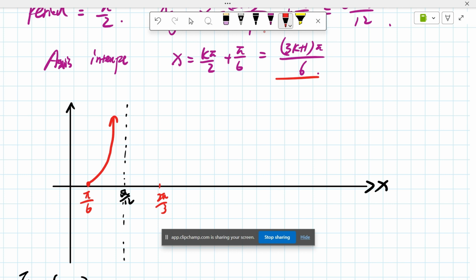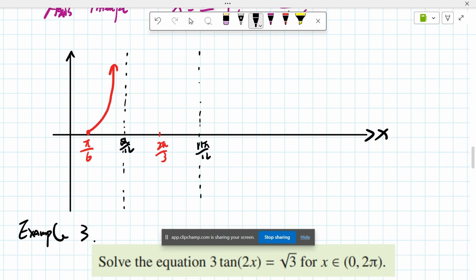You finish on 11 pi on 12, so 11 pi on 12 is your asymptote. So your graph looks like this.